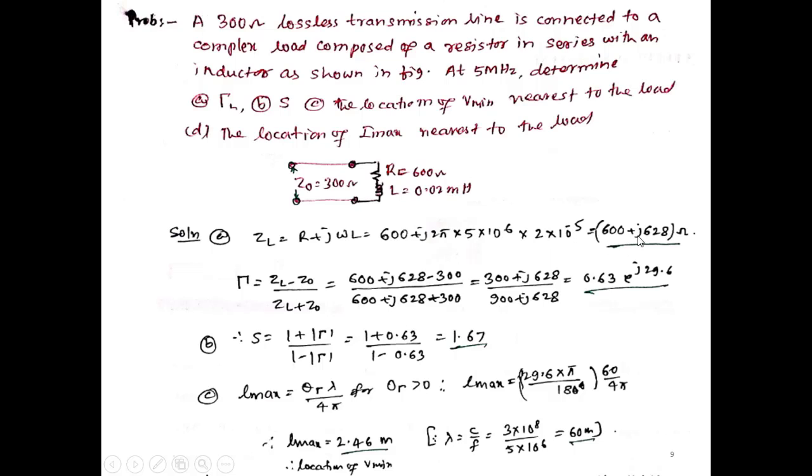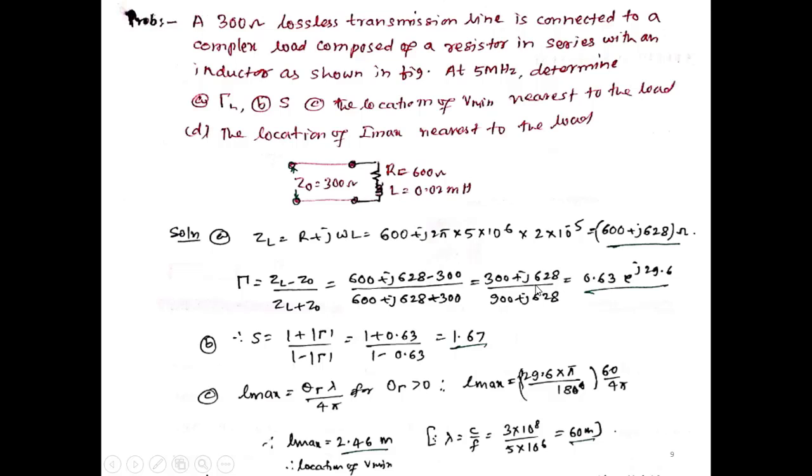This is equal to 600 plus j 628 ohm. Therefore, the reflection coefficient is given by (ZL minus Z0) divided by (ZL plus Z0). ZL is 600 plus j 628 and Z0 is 300, whole divided by 600 plus j 628 plus 300. Simplify, we get (300 plus j 628) whole divided by (900 plus j 628).